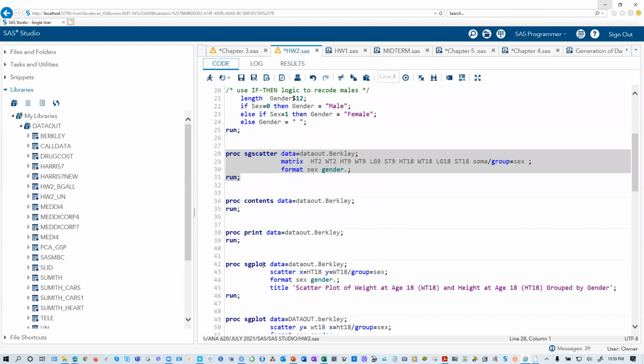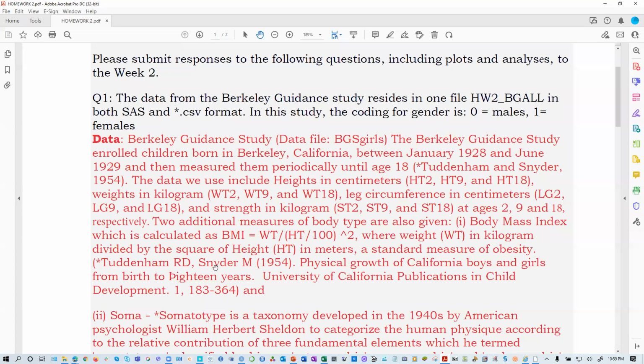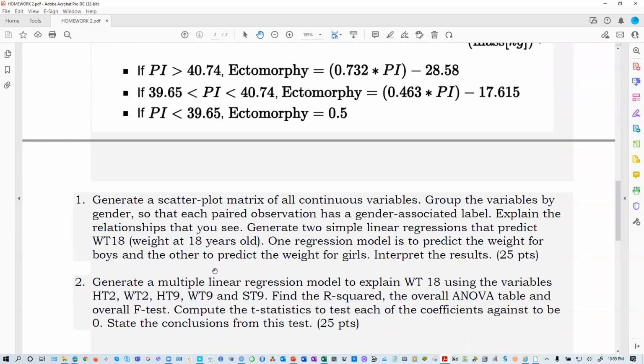Then the scatter plot, what they were telling us to do. They say generate 2 simple linear regressions that predict WT18: one regression model for predicting the weight for boys and the other for girls.